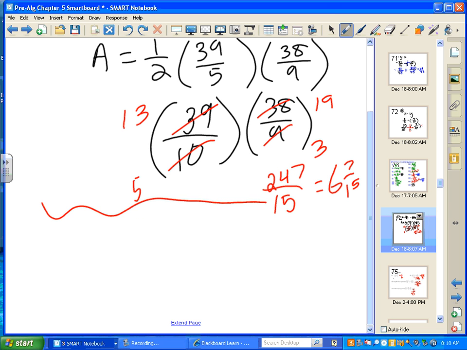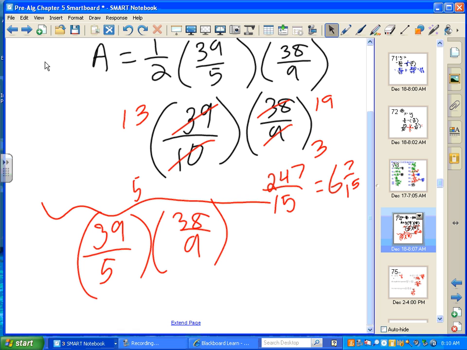Right. Okay, and then you multiplied across the top, across the bottom. Okay, and then after you multiply across the top, across the bottom, then you need to multiply everything by 1/2. So you can do it that way.